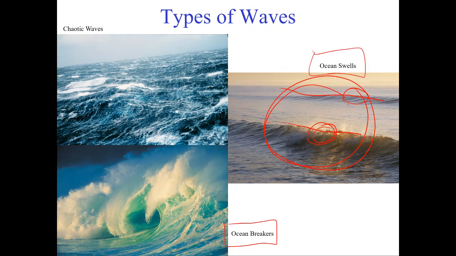A second type of wave is a breaker. A breaker, of course, implies that the wave itself has broken. Okay, so if a wave looks like this, but this wave looks like this, it has literally broken its peak. So that's a wave break or an ocean breaker. This happens anytime the energy of the water as it's traveling through is higher than the depth of the water.